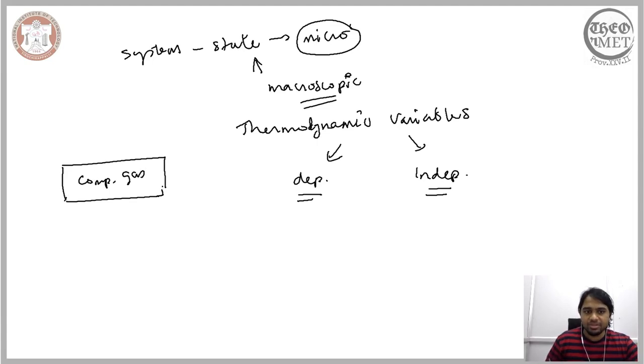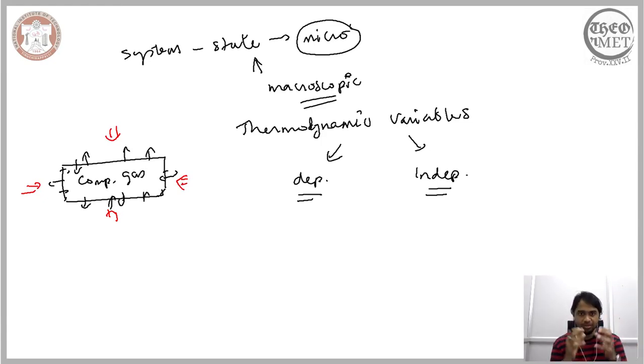Now this system is a closed system, so the molecules of gas are not allowed to get out of the system. However, the temperature or the heat is allowed to pass in or out of the system, and similarly you can impose a pressure on it. The only restricting factor is that the gas molecules are not allowed to go out.